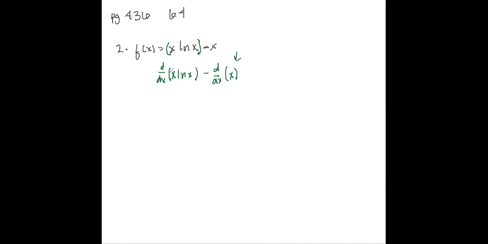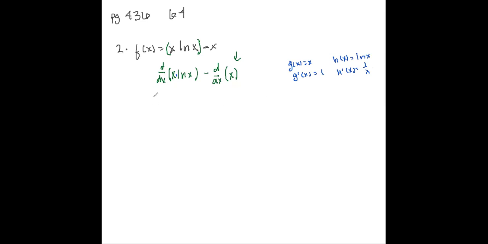because I have x times the natural log of x, which means I've got a product, right? If I think about this as times, exactly. So I'm going to have, I'll call it g of x is equal to x, g prime is equal to 1, and then I'll have h of x is equal to the natural log, and h prime is equal to, as you said, 1 over x.